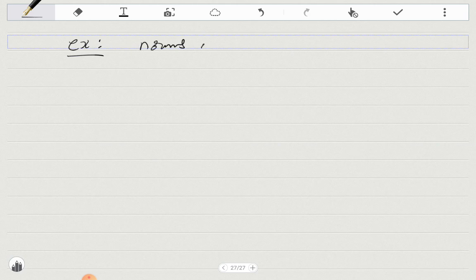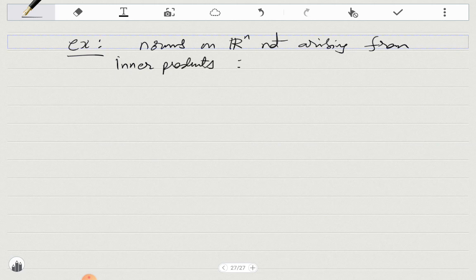Norms on R^n not arising from inner products. This is the so-called Lp norm.